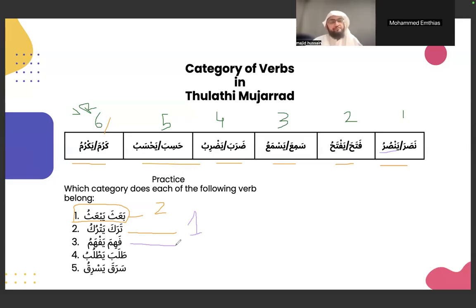Fahima yafhamu. Yes, three. And the fourth one, talaba yatlubu. Talaba yatlubu.